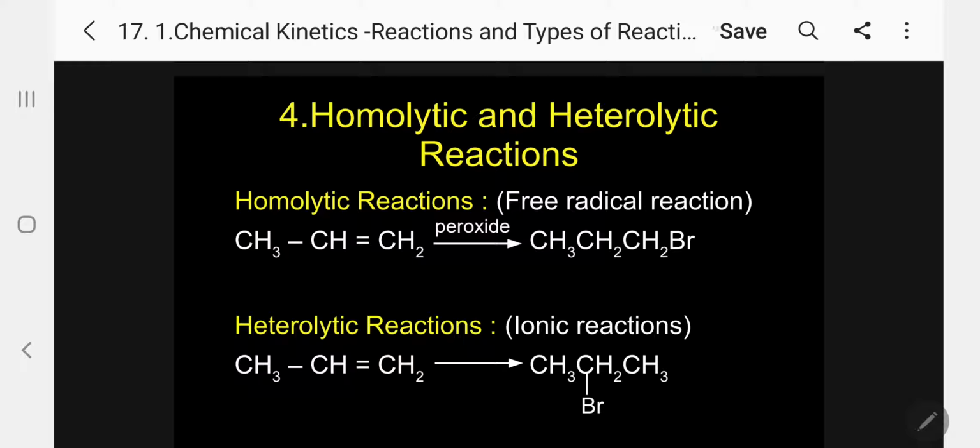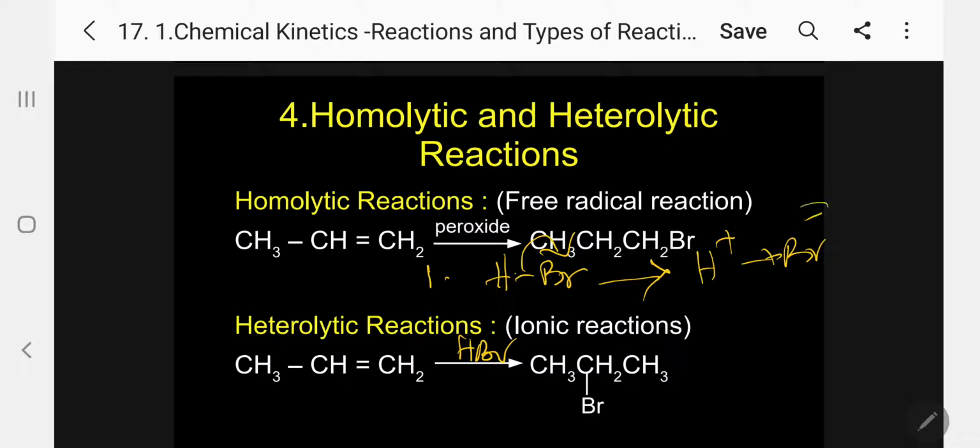Whereas in the case of the electrolytic reaction, what is happening now? The steps are very, very simple. First step, the reagent due to electromagnetic effect, here it is because of inductive effect, undergoes cleavage into H plus and Br minus. We have already discussed this.